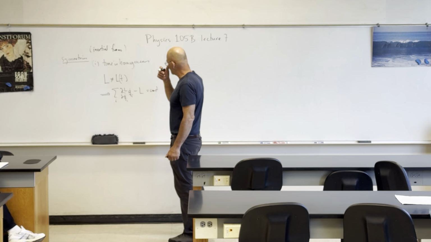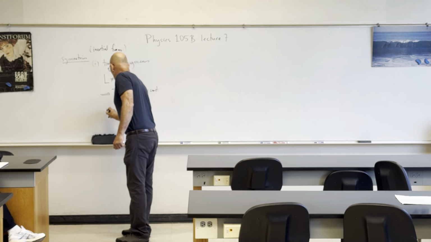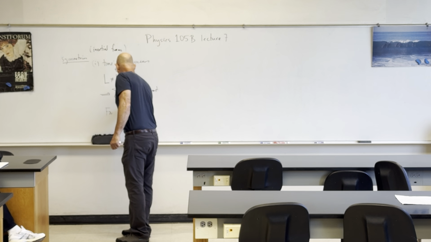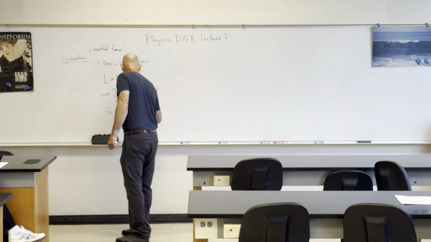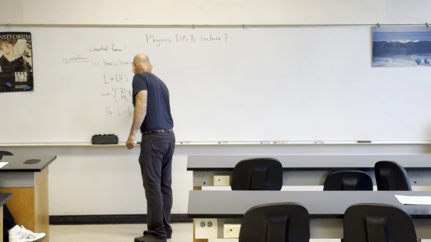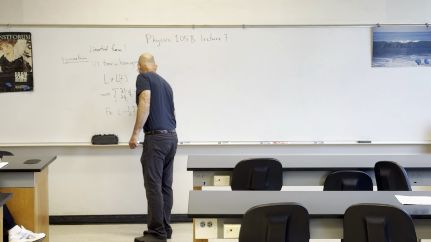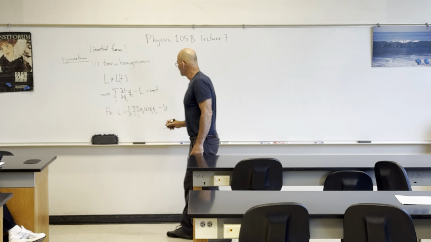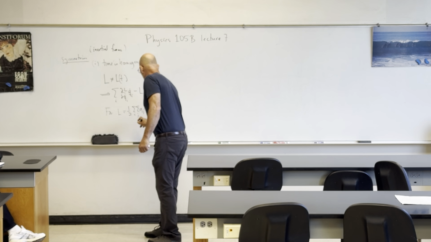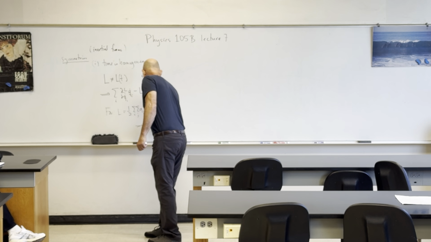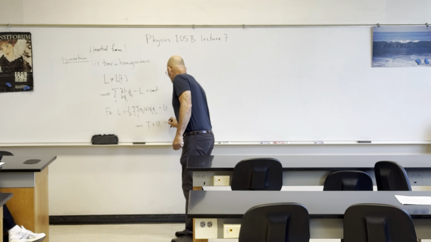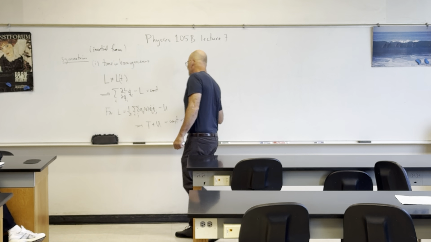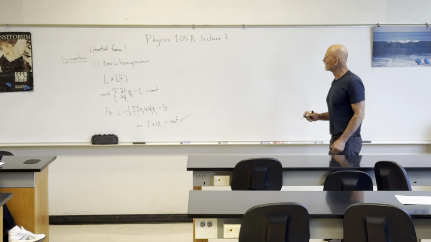And for the general form, with the quadratic form here, T_ij q_i dot q_j dot minus U. For that form, then T plus U equals constant. So that's the thing we ended up with. That was our last calculation.